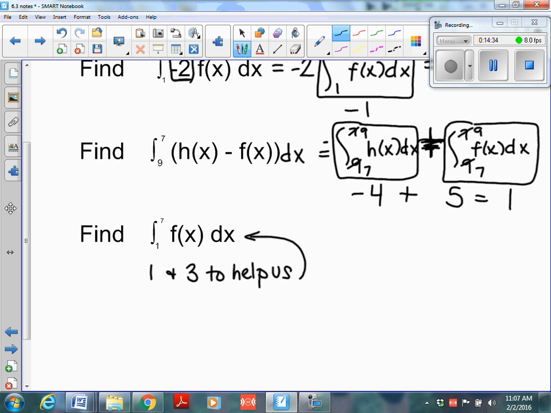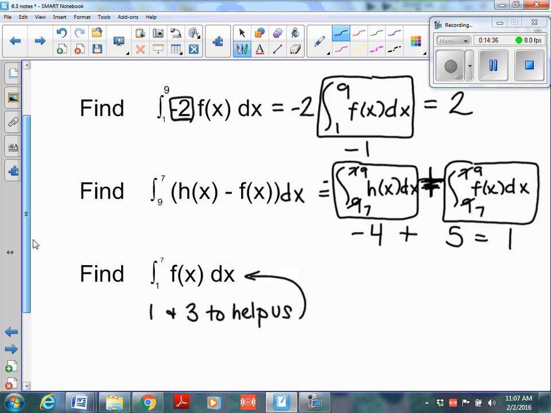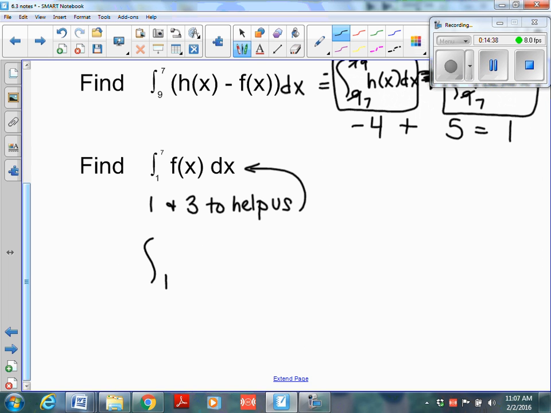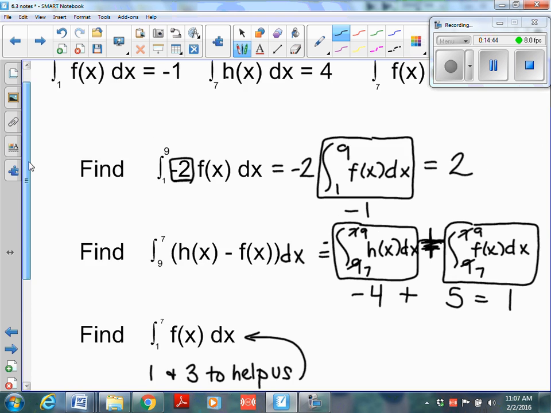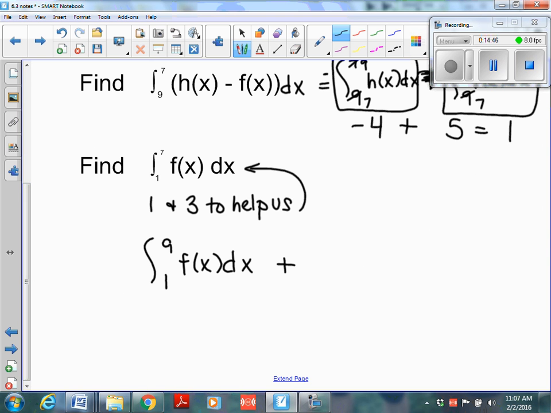Okay, so I'm going to write down the first one. The first one is the integral from 1 to 9 of f of x dx plus, I'm going to write down the third one, and the third one is the integral from 7 to 9 of f of x dx. Okay, so I wrote down the first and the third.